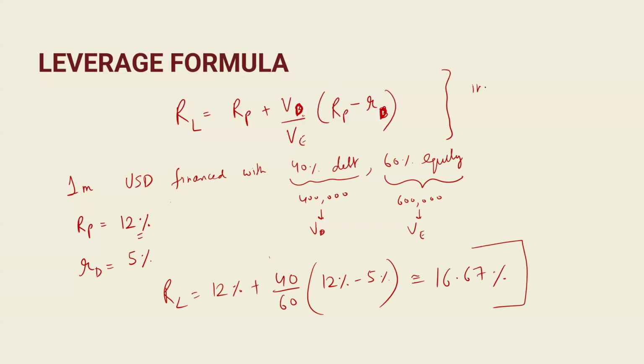It will increase return, which means RL will be greater than RP only when RP is greater than RD. Because if suppose the portfolio return that you got is itself less than the cost of borrowing, then in fact you have to pay more for the debt and you're getting less actually, which means this term will become negative. So that's why this RL will be less than RP, which makes a lot of sense.